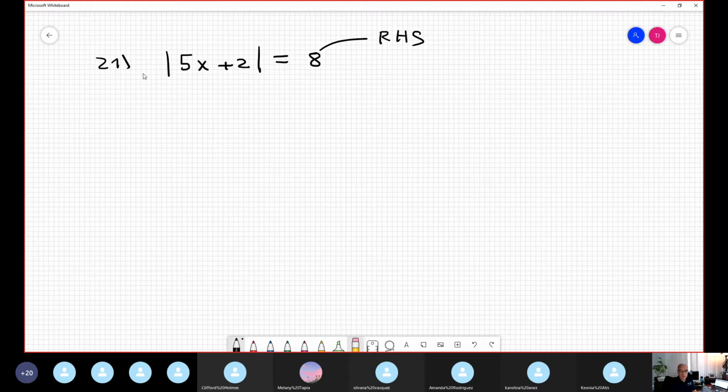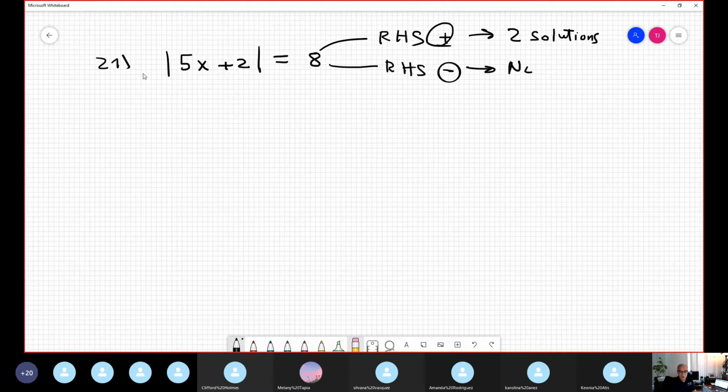When the right hand side is positive, we have two solutions. If the right hand side is negative, no solution. It's a completely silly equation. And if the right hand side is 0, one solution.